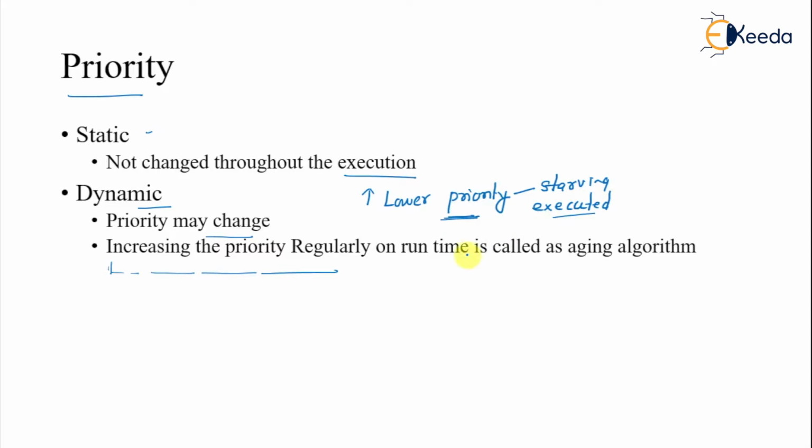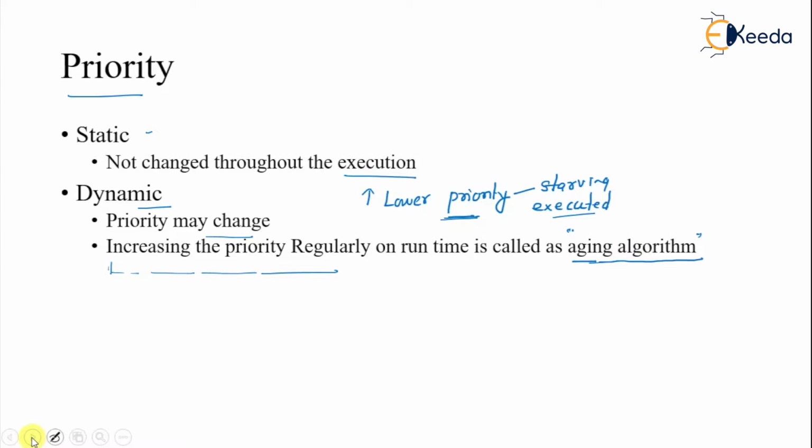In that case we can use an algorithm called aging, where over a period of time the priority of that process keeps increasing, so that finally it will get the chance for execution.